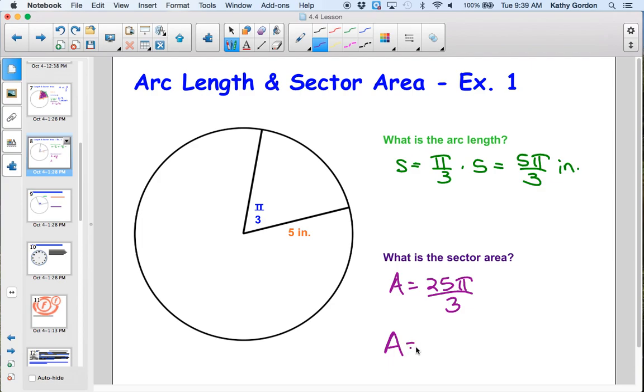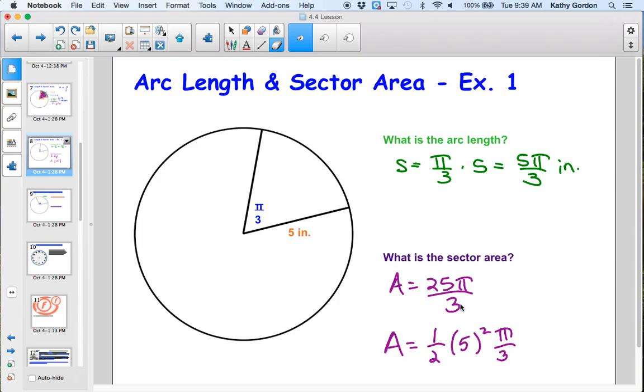It's 1/2 r squared times theta. So does that give me that? What do I need to fix? It's 2 times 3 in the denominator. It's 6. Yeah, so this should be 6 instead of 3. Otherwise, we're all right. We just need to make this a 6.